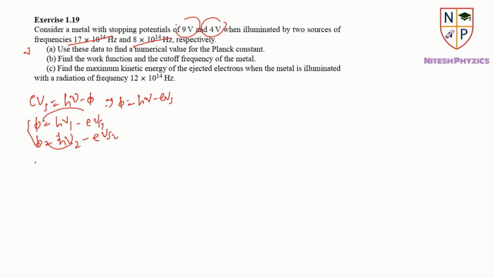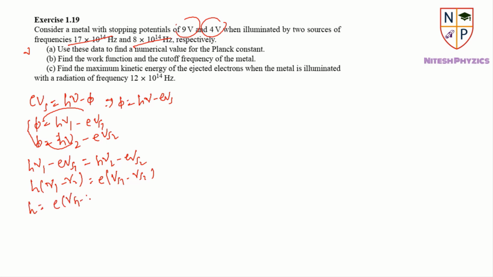So h nu 1 minus eV_S1 is equal to h nu 2 minus eV_S2, right? So h times (nu 1 minus nu 2) is equal to e times (V_S1 minus V_S2), so the value of h will be e(V_S1 minus V_S2) upon (nu 1 minus nu 2).